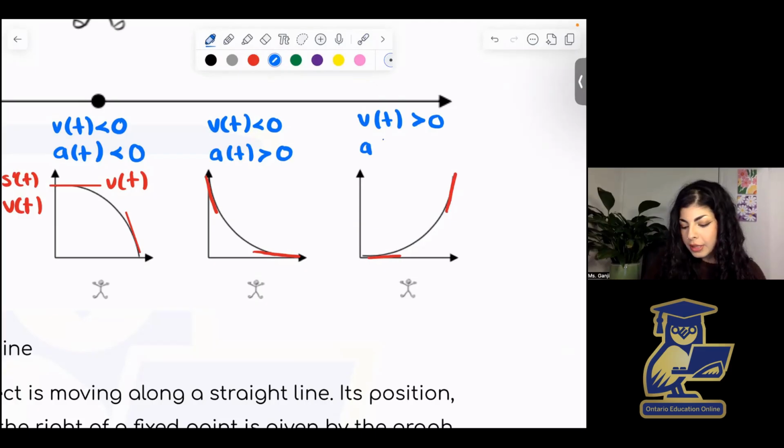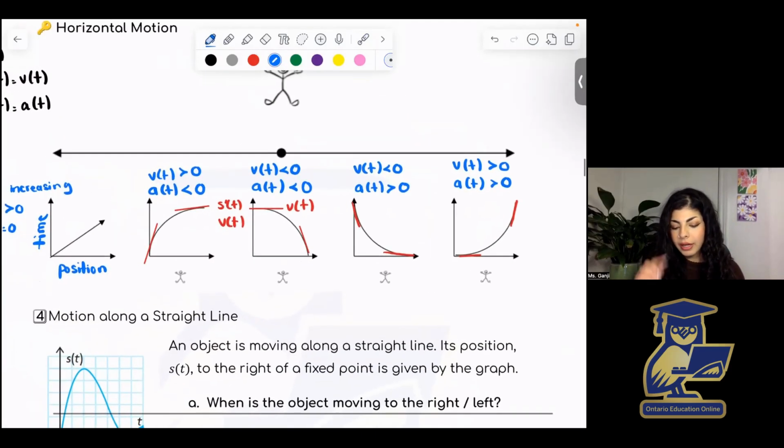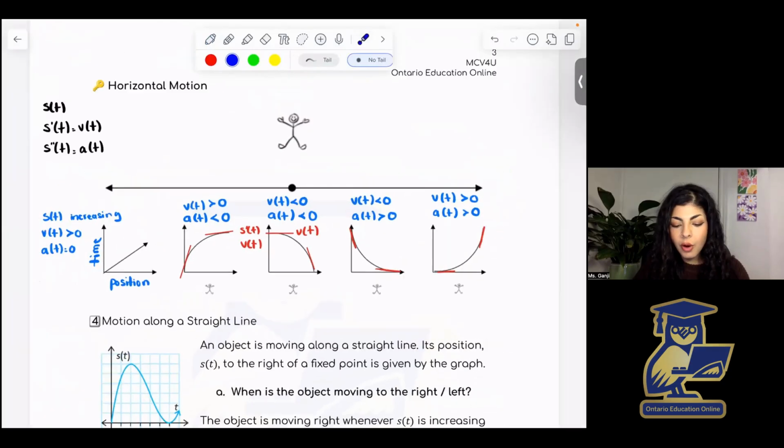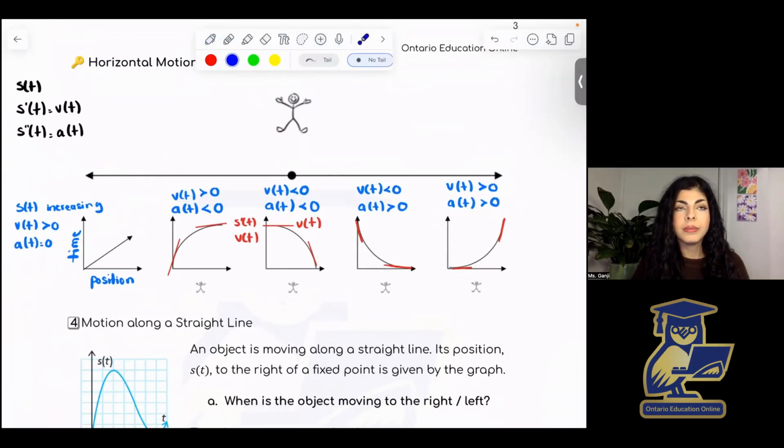So a of t is also greater than 0 here. And then we have our final example where if you multiply them, the product is positive, so we are speeding up here as well. And you can clearly see the 4 cases of our position and time graphs with respect to velocity and displacement.